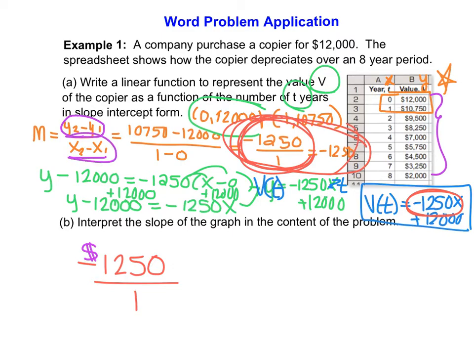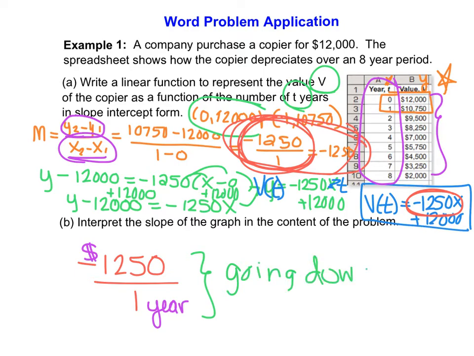Then if we look at our x values here, these represent years. So this bottom part of a 1 represents 1 year. So what our slope is really telling us here, if we read this entire fraction as is, it's saying that over time, the copier's value is going down by approximately $1,250 per 1 year.